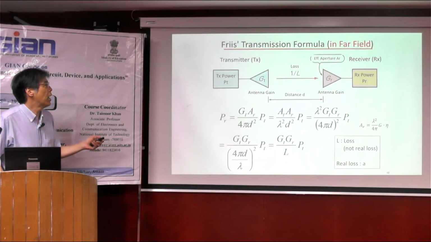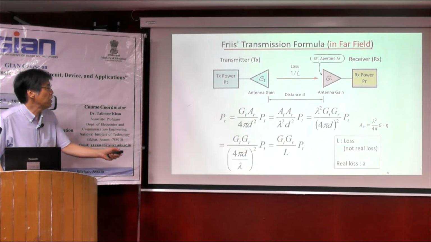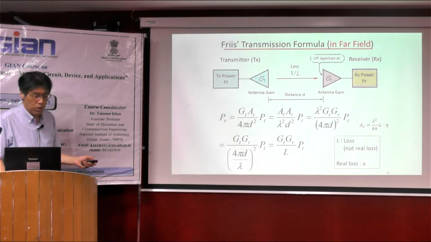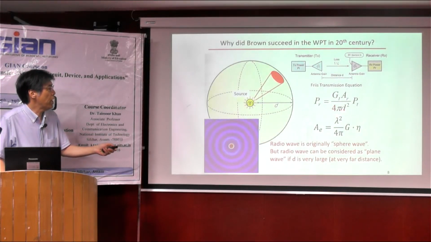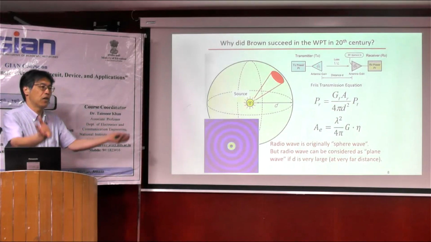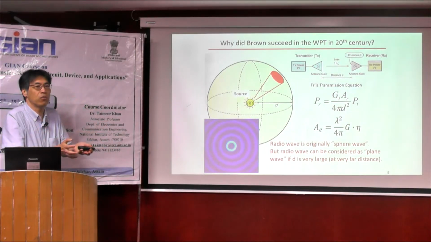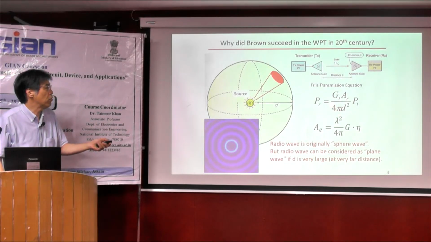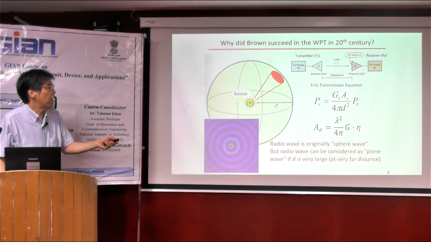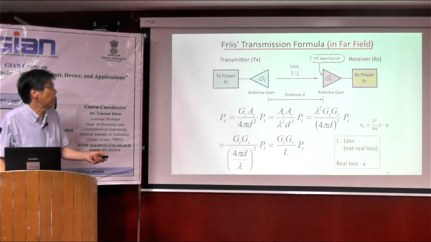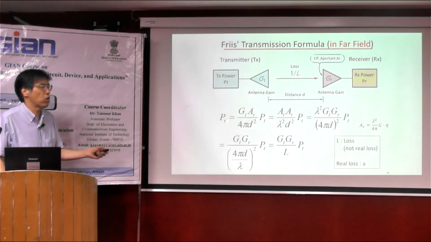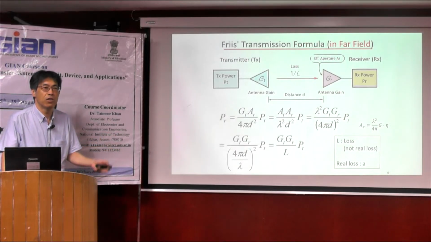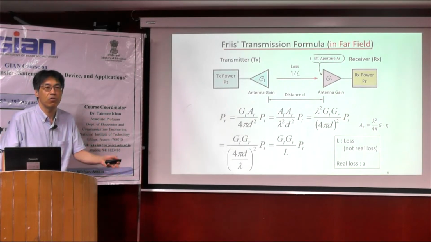transmission formula is calculated by this equation. As mentioned yesterday, originally this 4 pi d squared indicates the area of the surface of the sphere itself. And we multiply the antenna gain, the receiving aperture area, and additionally the transmitting power. This is the original Friis transmission formula, and when we know it, it's easy to estimate the received power at far field only.